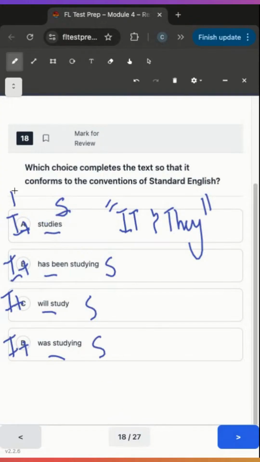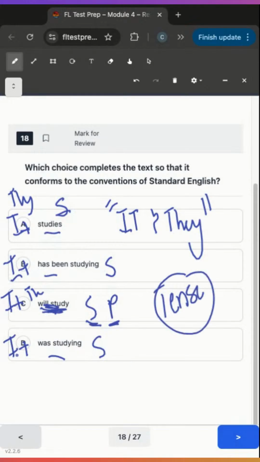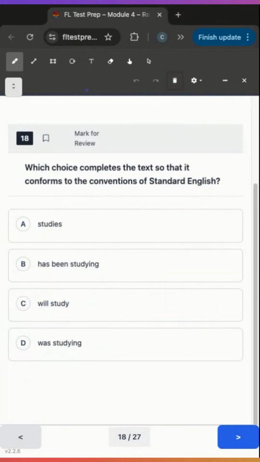And then you can do "they studies," doesn't make sense. "They has been studying," "they will study." Uh-oh. So whenever you see a verb that works for both, it's actually not going to solve. It's a tense question, so you're going to have to read the passage. And then "they was studying." But since "it" and "they" both work with "will study," that actually tells me it's a tense question.